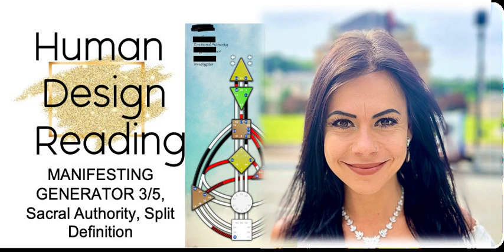You have to do the things that make you happy, because if not, as I mentioned, you are going to be doing the things that break you down. As a manifesting generator, you know that when you do anything that doesn't light you up, it drains you immensely and takes you down. With this life theme, it doesn't matter what the thing that lights you up is, just that you are busy and you are happy.